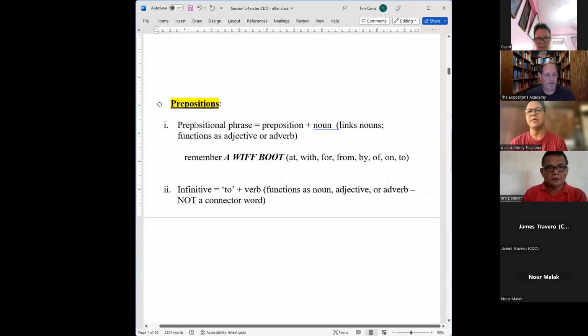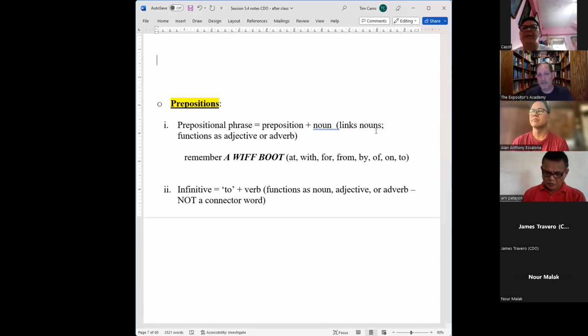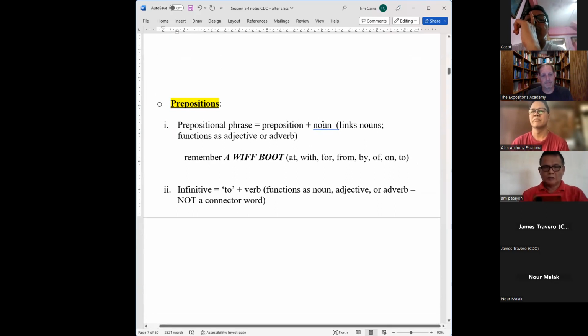And if you remember, prepositions link nouns to a word in the sentence. So a prepositional phrase, again, there won't be a subject and a verb with the preposition. They link nouns to another word in a sentence, and they contain a preposition and a noun.